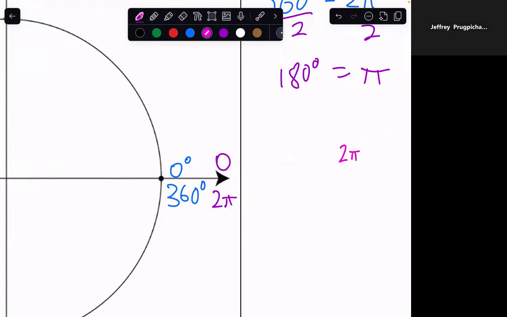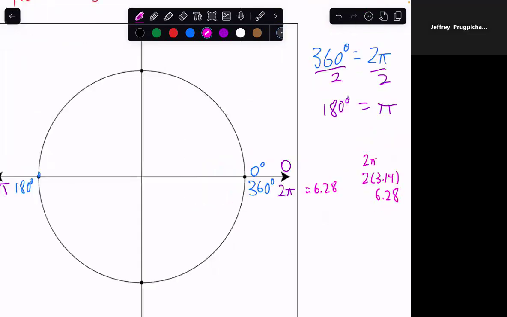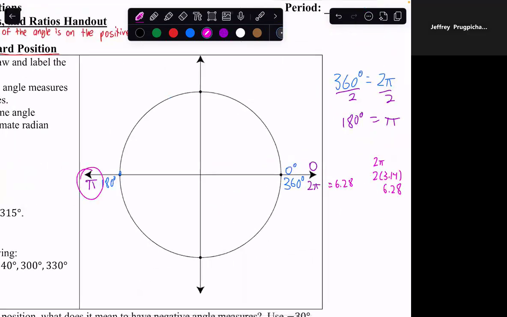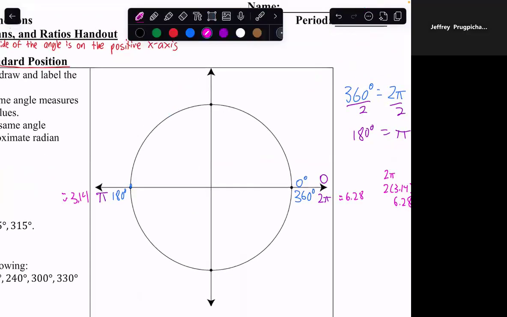So we can estimate 2 pi as 2 times 3.14, so it's about 6.28. And back over here, it's simply pi, approximately 3.14. We're not going to do it for 0 because it's exactly 0.